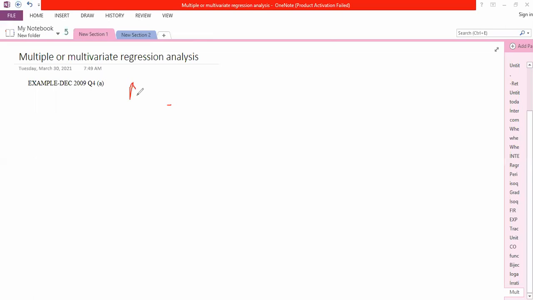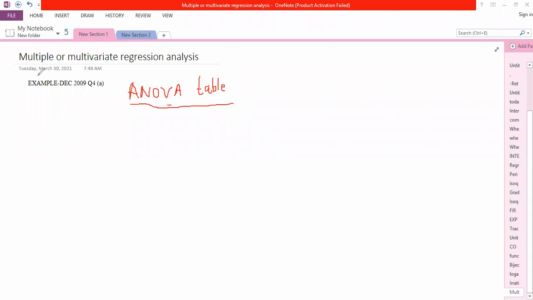So the analysis of variance, I'll shorten that. We usually call it the Anova Table, because it's from this table we'll be able to get a number of the details that we require in our testing.